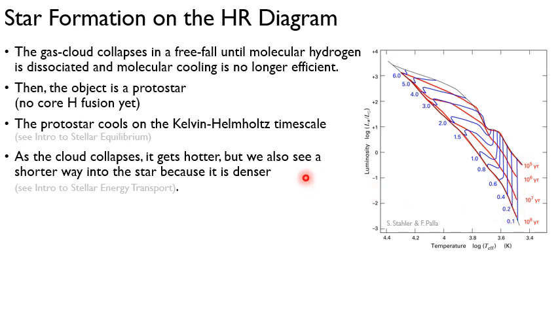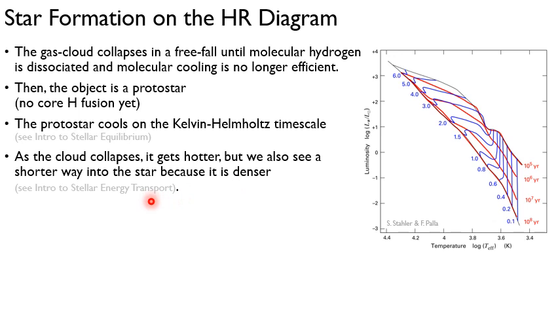Now, as your gas cloud is collapsing, it's getting hotter because we're converting the potential energy to kinetic energy. But so you'd think that the surface would be heated up of this thing. But keep in mind that we're seeing less of a way into the star. The star is denser, right? So the optical depth is shallower.